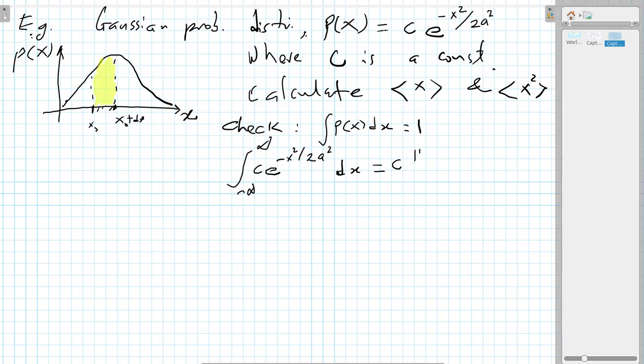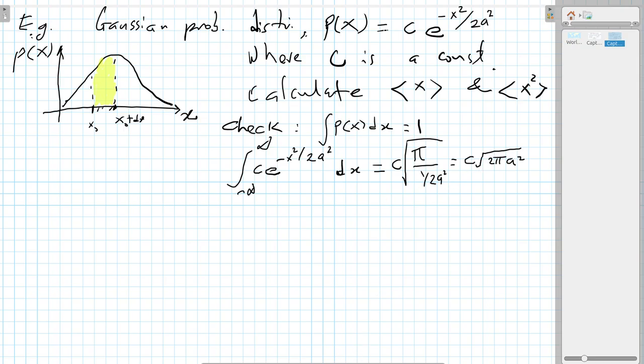You just move forward. So the integration of e to the minus x squared divided by 2a squared is going to be the square root of pi divided by 1 over 2a squared. Right, so I'm going to put this in the square root. And so this is going to be equal to c times the square root of 2 pi a squared.